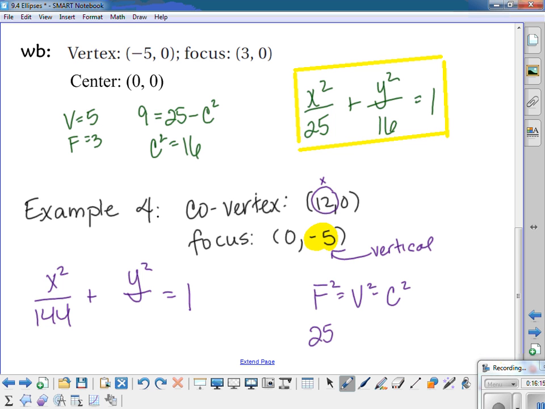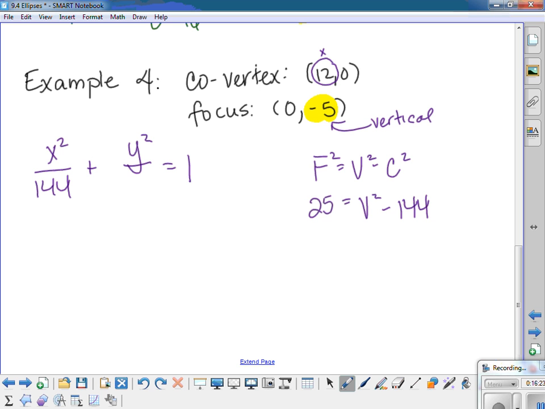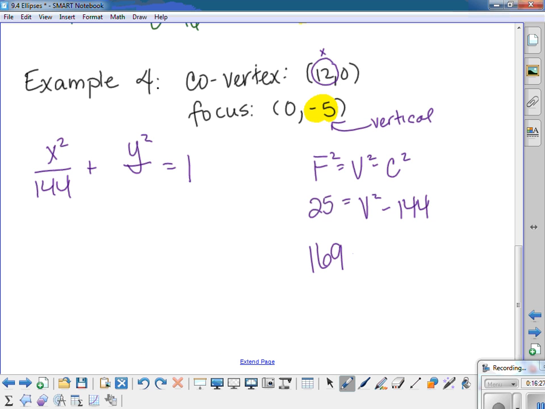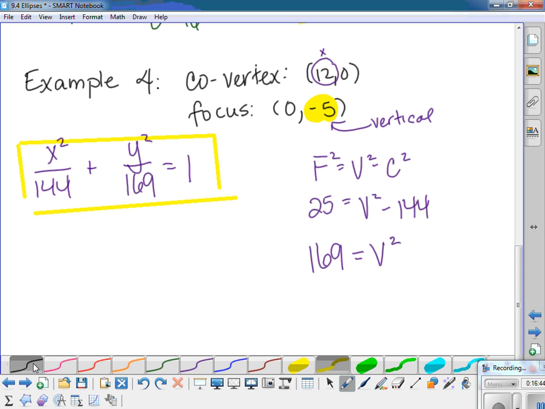So 25 equals v squared minus 144. And so if I add 144 to both sides, I get that my v squared is 169, so that's what goes under the y squared. Okay, you guys want to try one of those on your whiteboard?